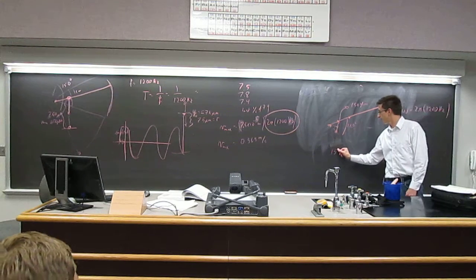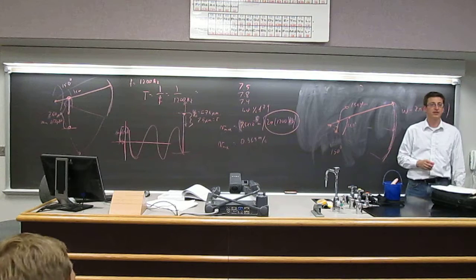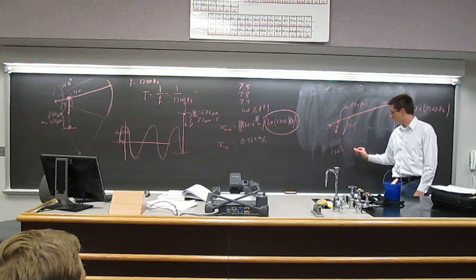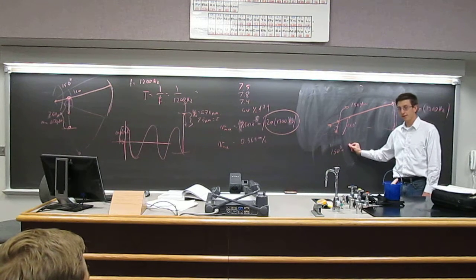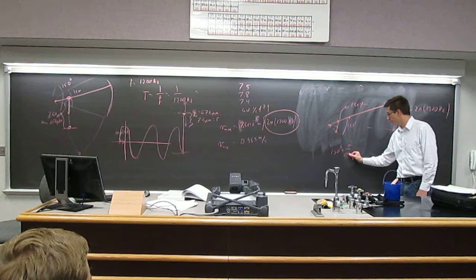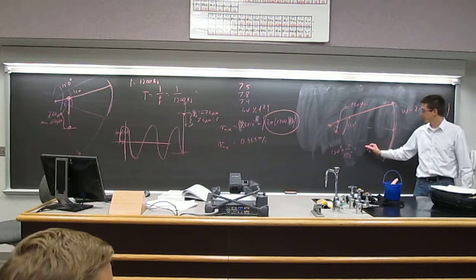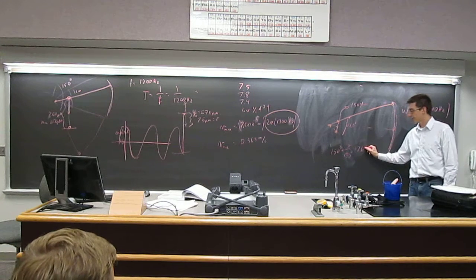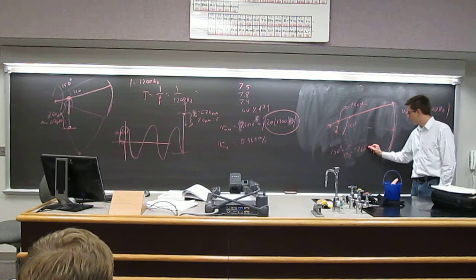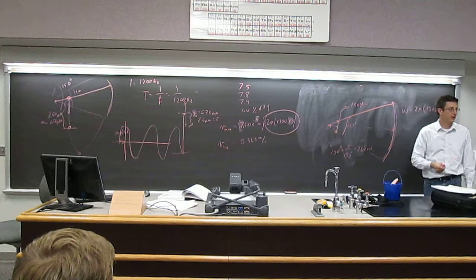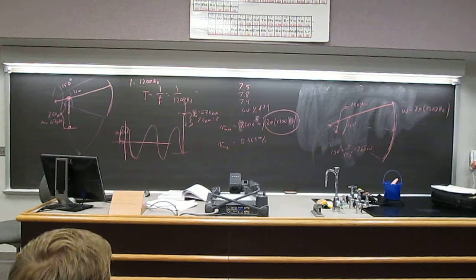So 150 degrees, how do we convert to radians? Times pi divided by 180. Okay, 2.62, that's what I get.